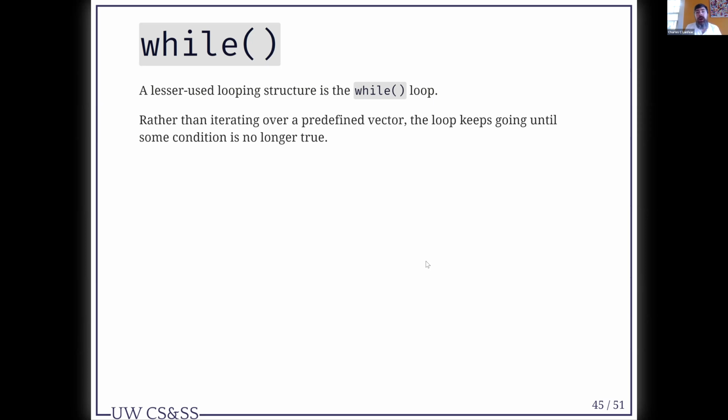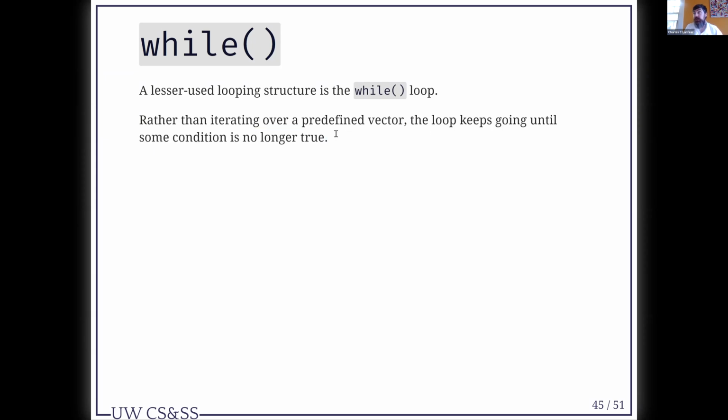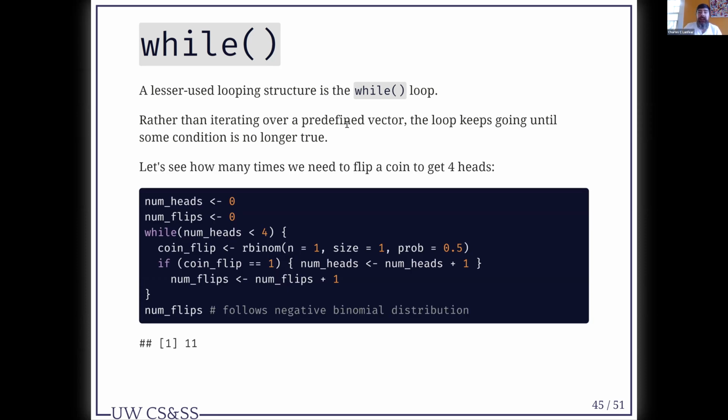What the while loop does is, rather than iterating over some vector, it's just a loop that will go forever until a logical statement returns false. As long as some logical statement is true, it just keeps going and going. An example might be, let's see how many times we have to flip a coin to get 4 heads. Here I say, take the number of heads as 0 and the number of flips as 0.